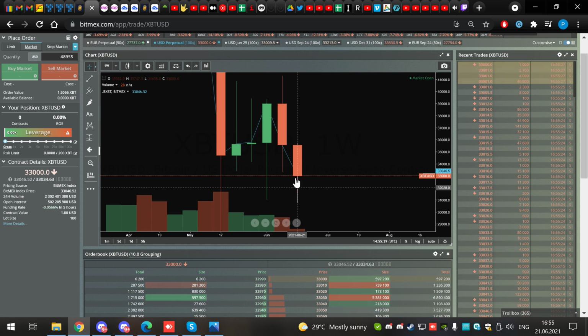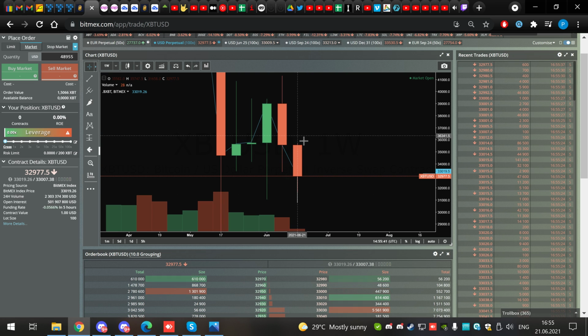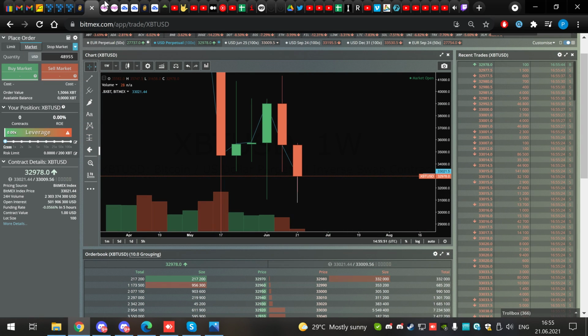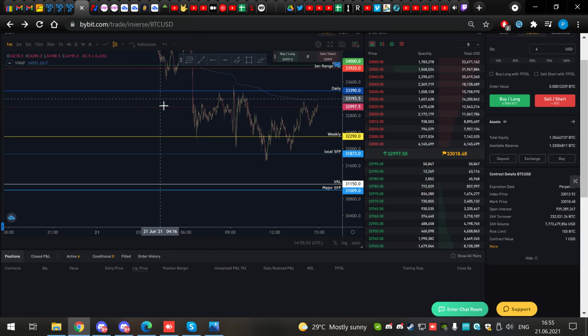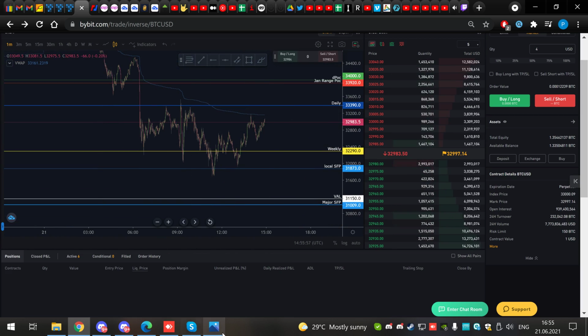For example, if you reverse this weekly candle now and make a green candle, you claim the weekly open. This is going to give you a very strong bias. The bias will change in favor of the bulls. So the weekly open is more important, and it usually gives you even more trades than the daily open. So weekly is very important.